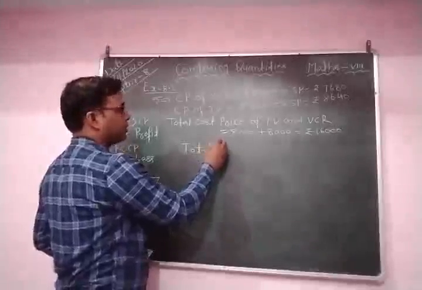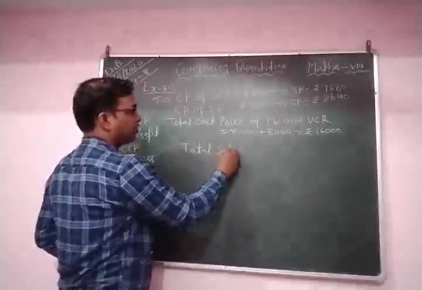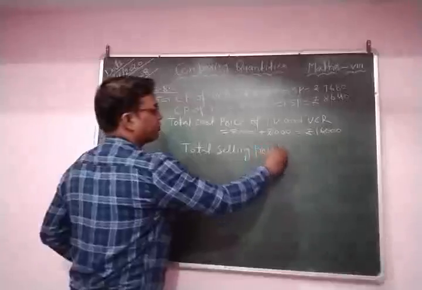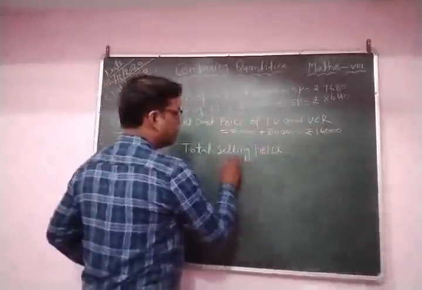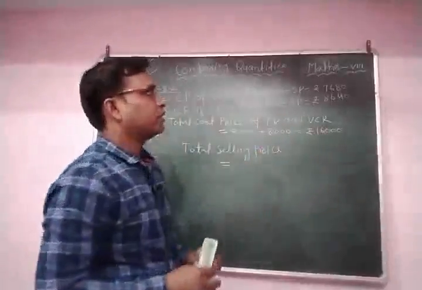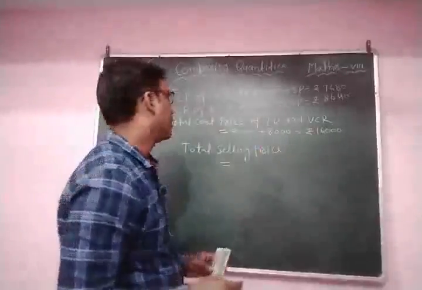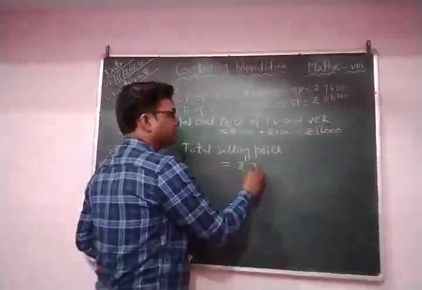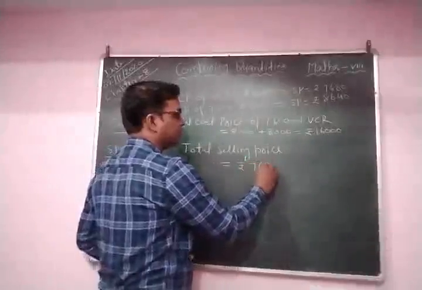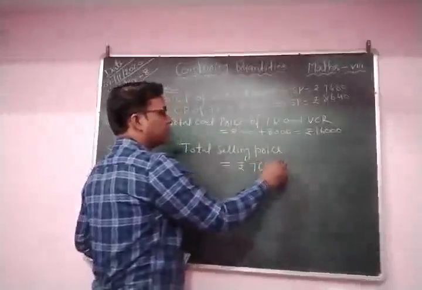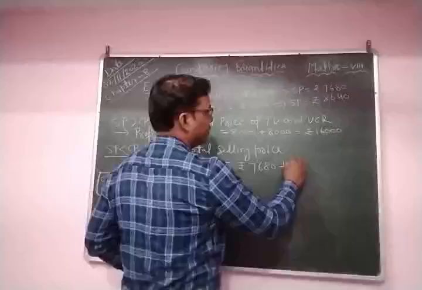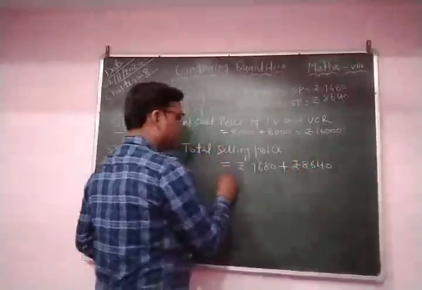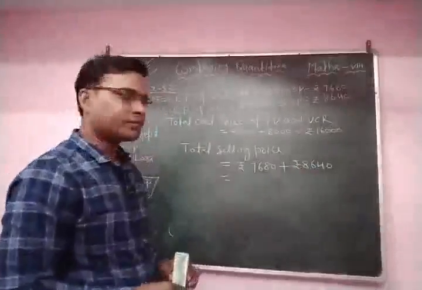Total selling price is equal to the selling price of TV and the selling price of VCR. The selling price of VCR is given, 7,680, and the selling price of TV we found here, this is 8,640.